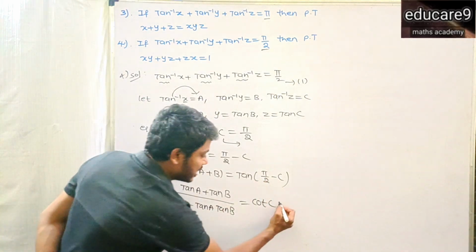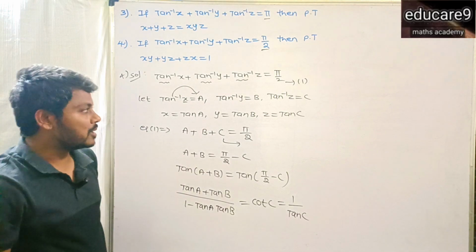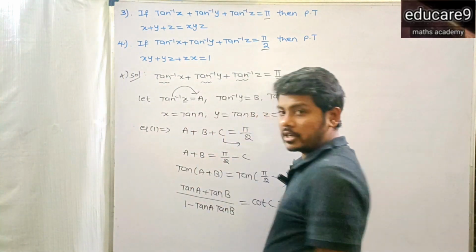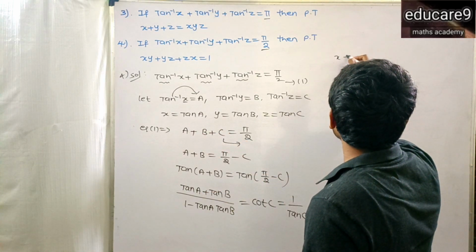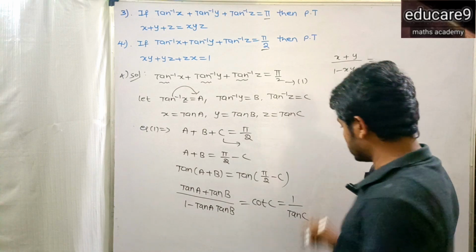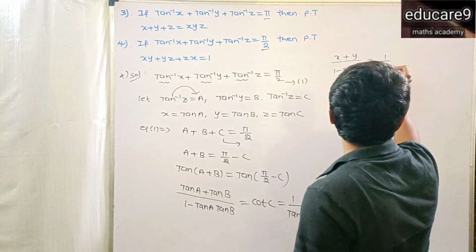So cot C. Again cot C can be written as 1 by tan C. So replace x, y, z values with tan A, tan B and tan C. What is tan A? x. Clearly, (x + y) by (1 − xy) equals 1 by tan C, that is 1 by z.